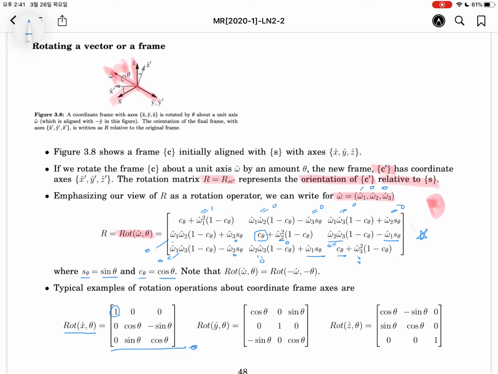This is rotation about the x-axis. If you apply 0, 1, 0, then you can get this y-directional rotation matrix. On the other hand, if 0, 0, 1 is applied, then we can get the z-directional rotation matrix. So this equation, the Rodrigues formula, is the general form of the rotation matrix for any direction of rotation axis.